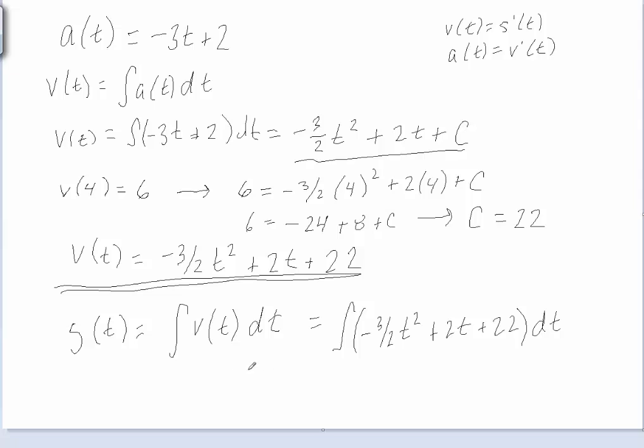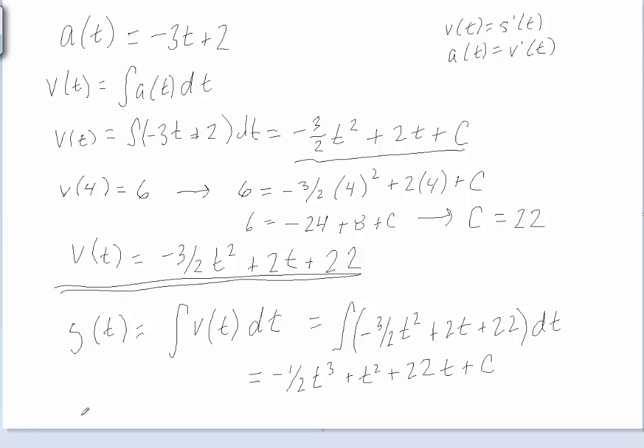Which is going to be negative 1/2 t cubed plus t squared plus 22t plus constant. And again, checking, we have 3 times negative 1/2 is negative 3 halves t squared. 2 times t to the first, plus derivative of 22t is 22, constant is 0.